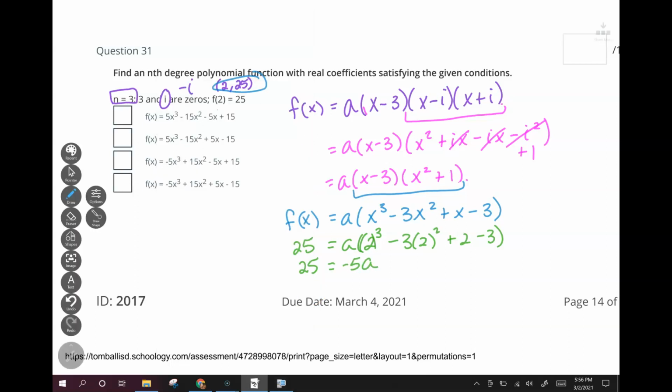And that's still being multiplied by a. So now divide by -5, so a equals -5. So we can plug that back in right here for a.